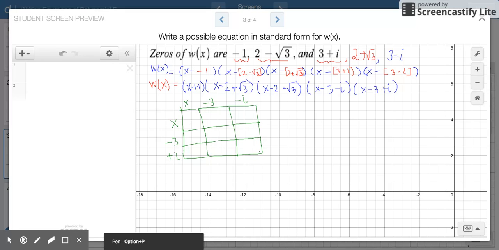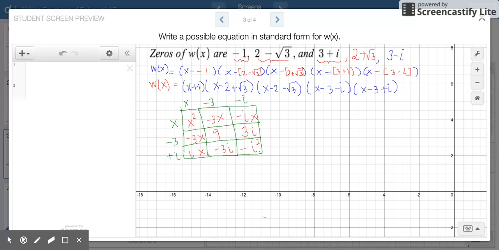So x times x gives us x squared. x times -3 is -3x. x times i is ix. -3 times x is -3x. -3 times -3 is 9. -3 times i is -3i. Then -i times x is -ix, -i times -3 is +3i, and -i times i is -i squared.